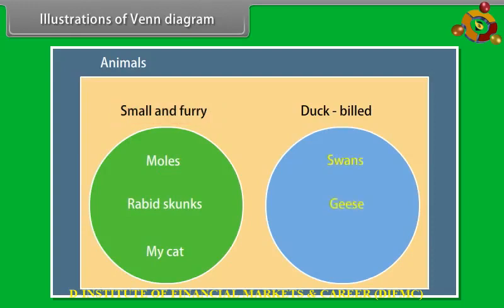Swans, geese, and Edmontosaurus are all duckbills. Worms are small but not furry, and horses are furry but not small, and neither is a duckbill. However, they are animals. They fit inside our universe, but outside the circles.